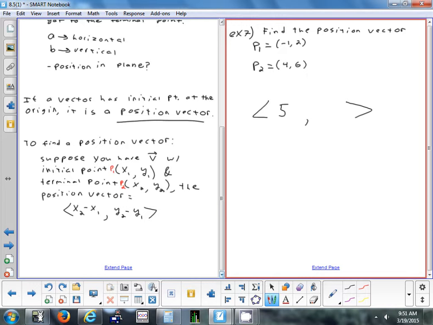Anyone help him out? How do we get that y component? Yeah, Josh? How'd you get 4? Yeah, just 6 minus 2. So there's the vector that represents those points. If they don't label which one is initial and terminal, always assume P1 is initial, P2 is terminal.